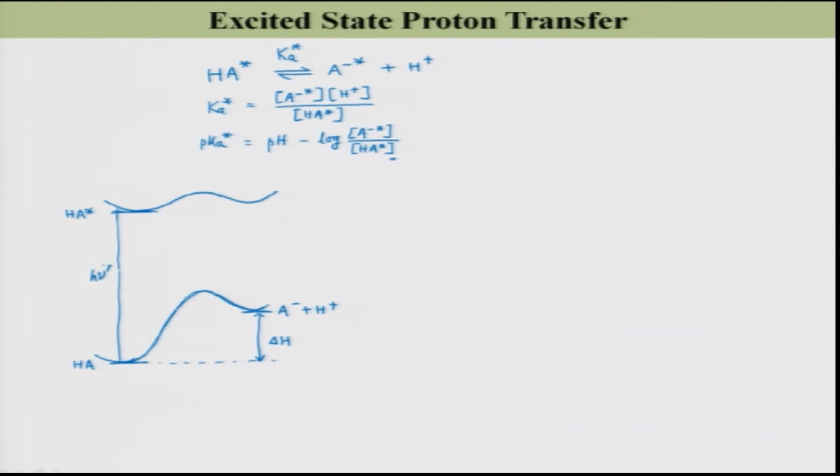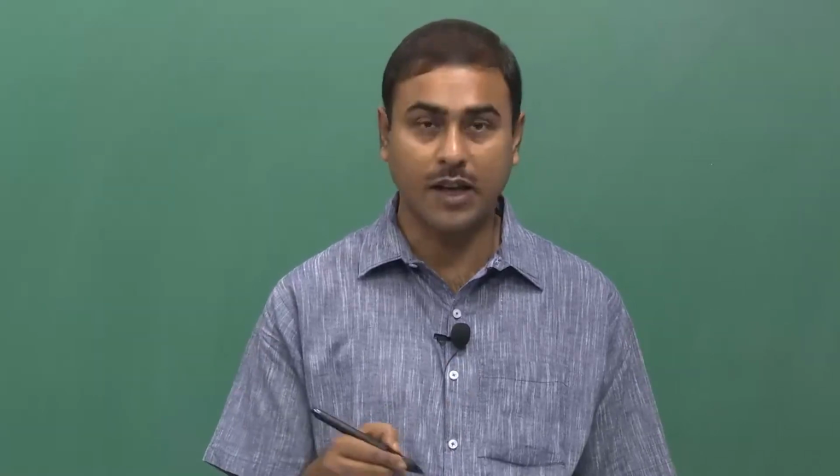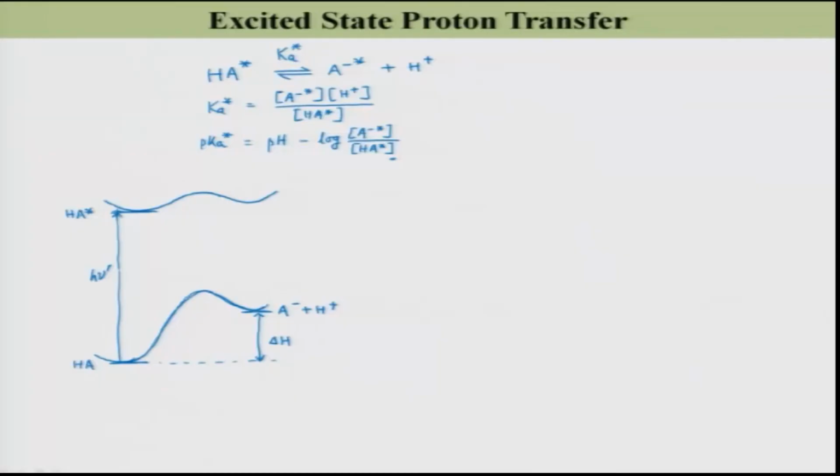This h nu prime, or nu prime, is the maxima of the frequency for this absorption, right. So, you can excite the system from here to here, and this energy difference, let us say, is delta H star, right.